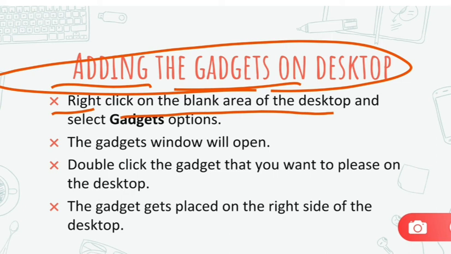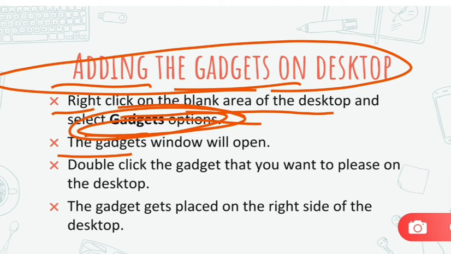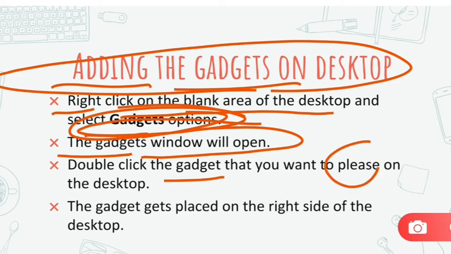Then you will find the Gadgets option. Once you have clicked on this option, the gadgets will appear in a window. You have to choose the gadget which you want to place on the desktop.